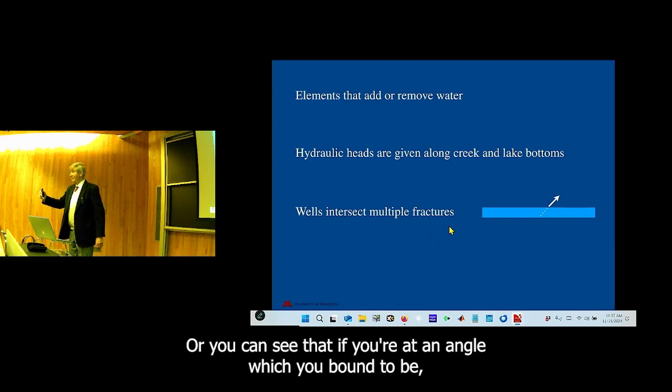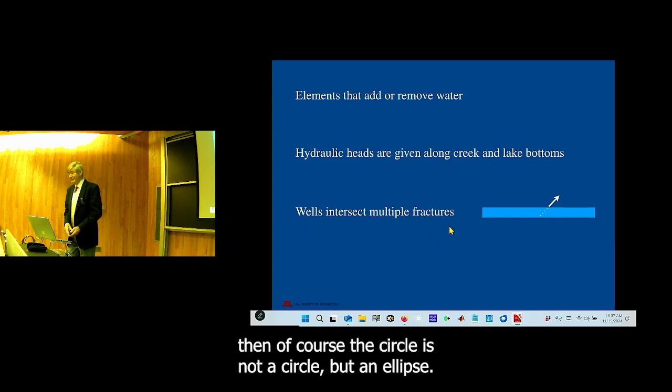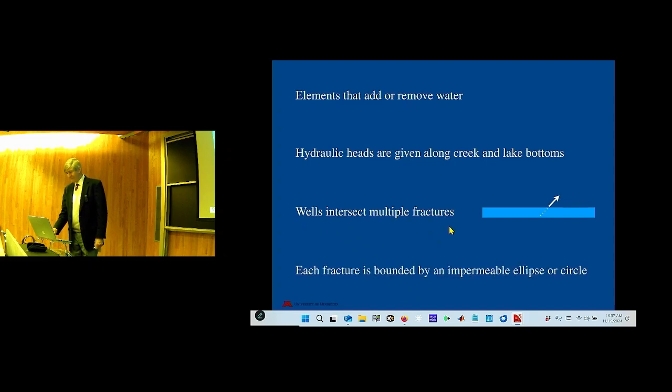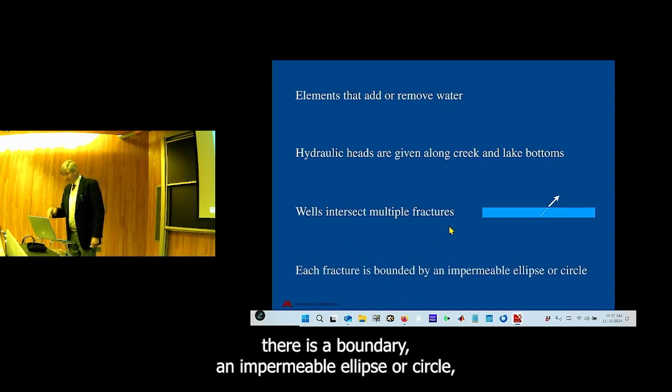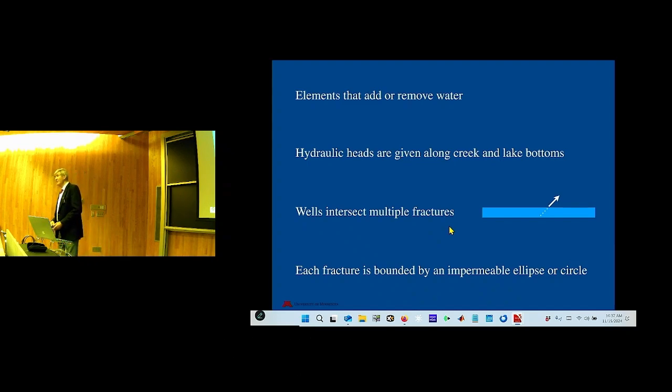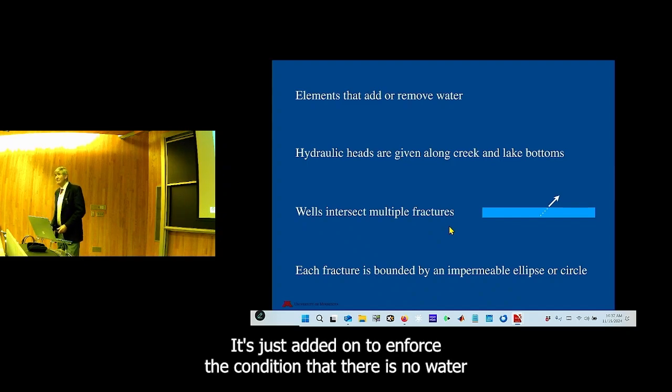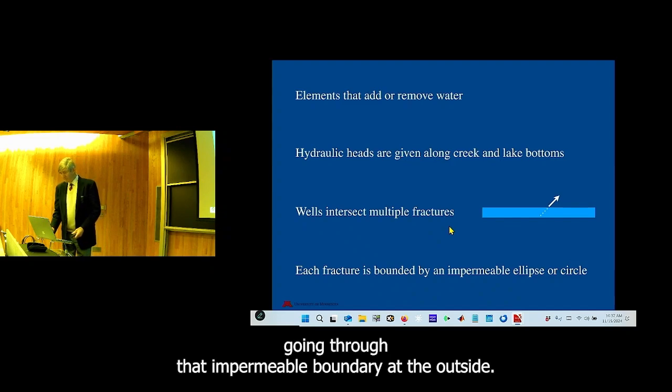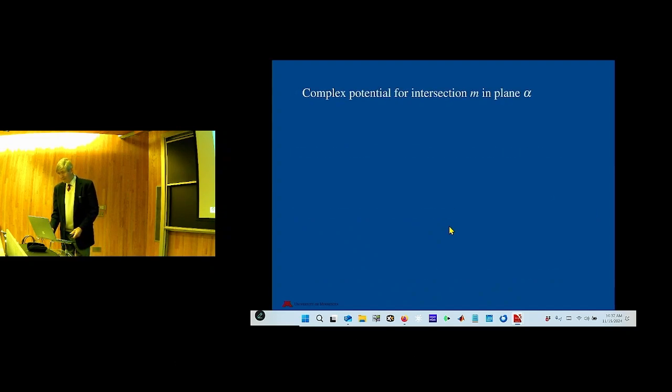Well, you can see that if you're at an angle, which you're bound to be, then of course the circle is not a circle, but an ellipse. So there's a bounding, impermeable ellipse or circle. That too, in the fracture that's bounded by that circle, is an independent element. It's not part of the fracture, it's just added on to enforce the condition that there is no water going through that impermeable boundary at the outside.